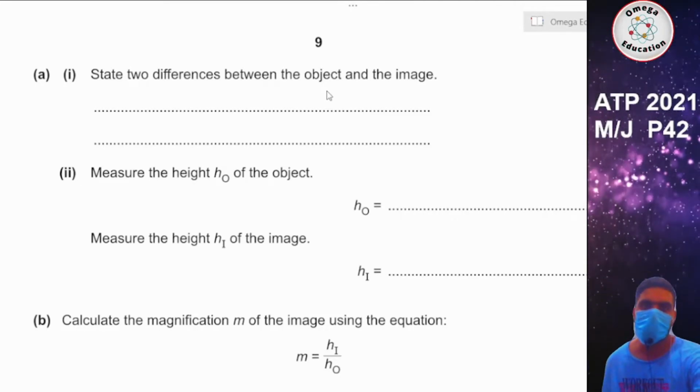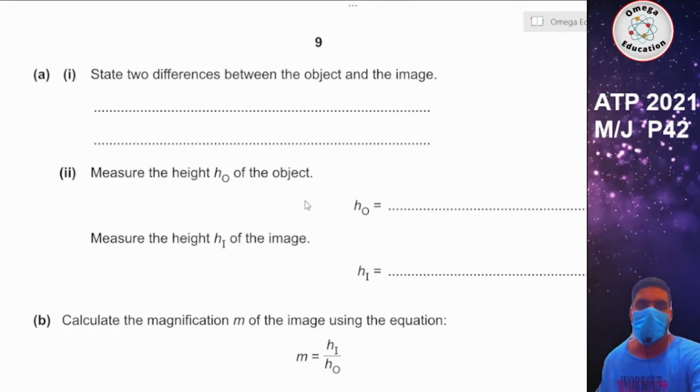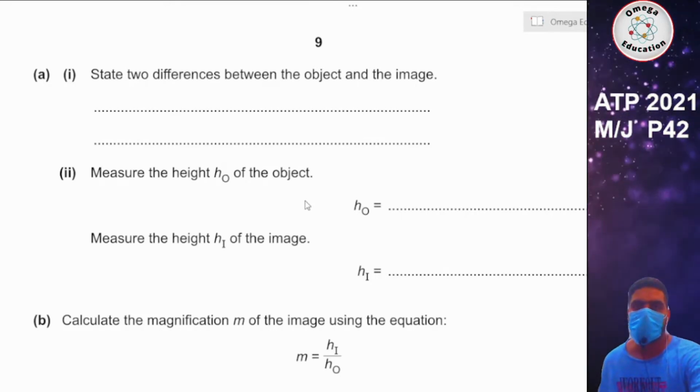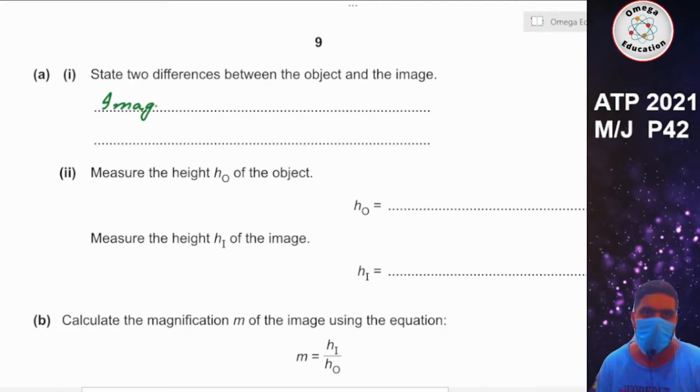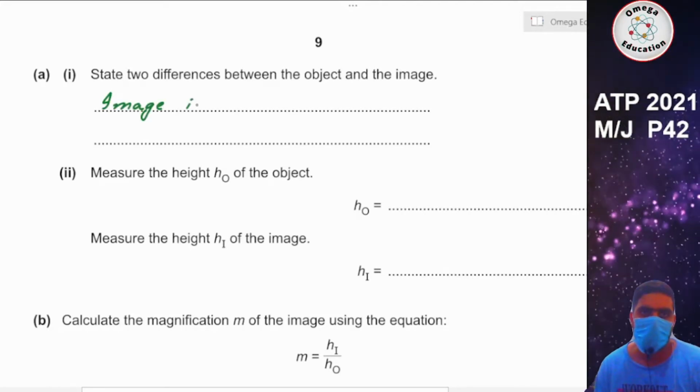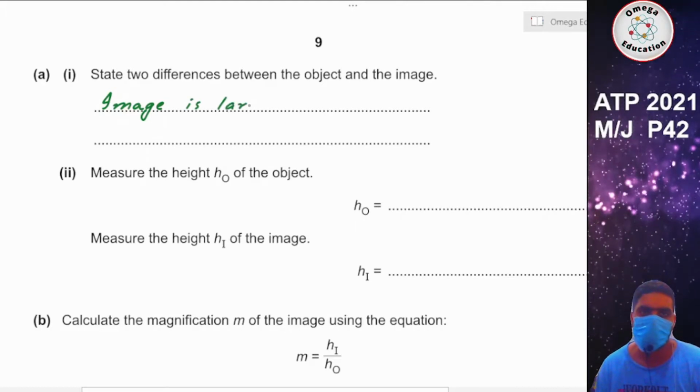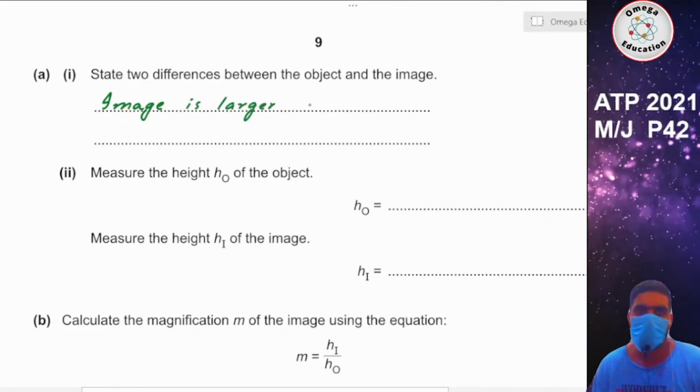Or we can also say that the image is magnified. Image is larger than object.